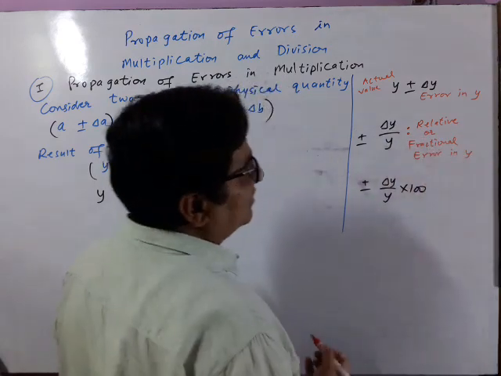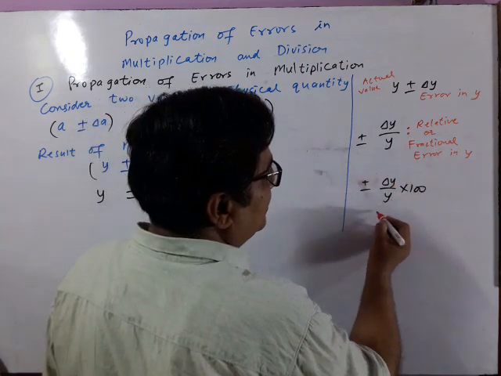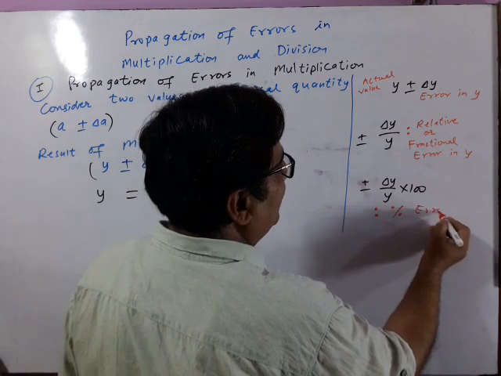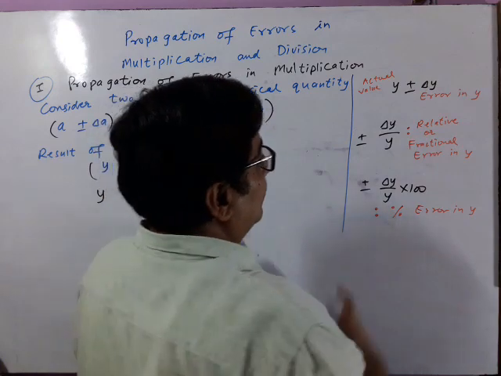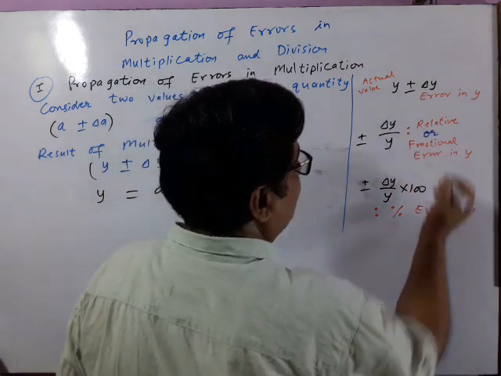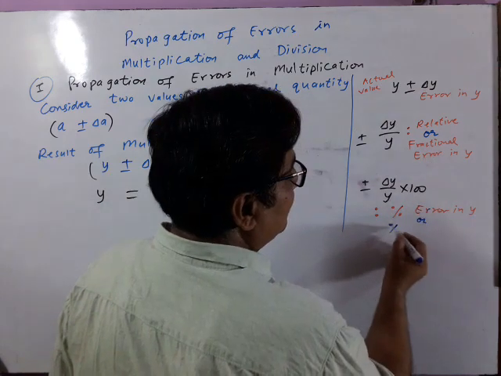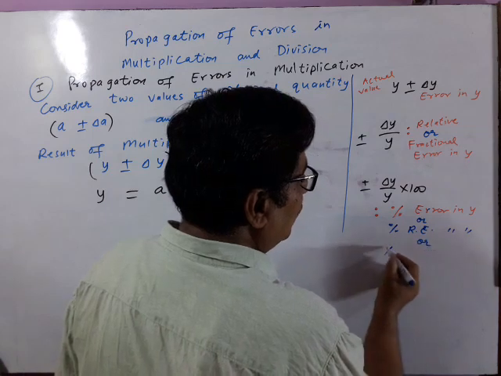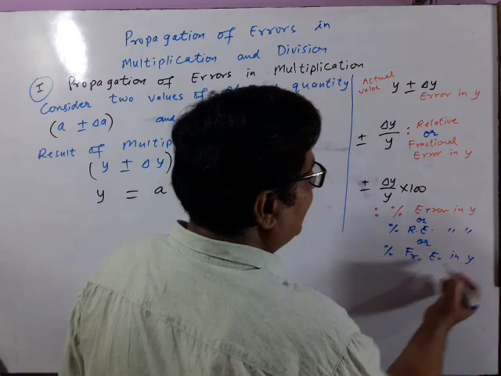You learned in the previous lectures, delta y upon y into 100 is called the percentage error in y. Its full name is percentage relative error in y or percentage fractional error in y.